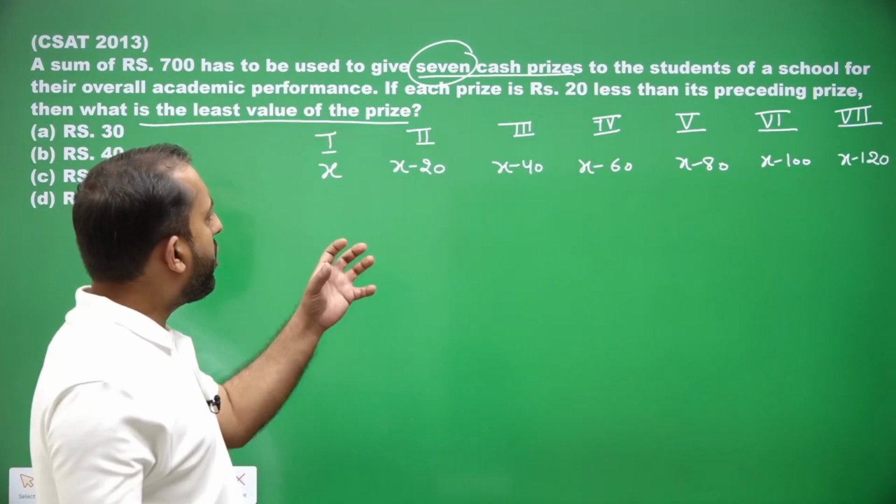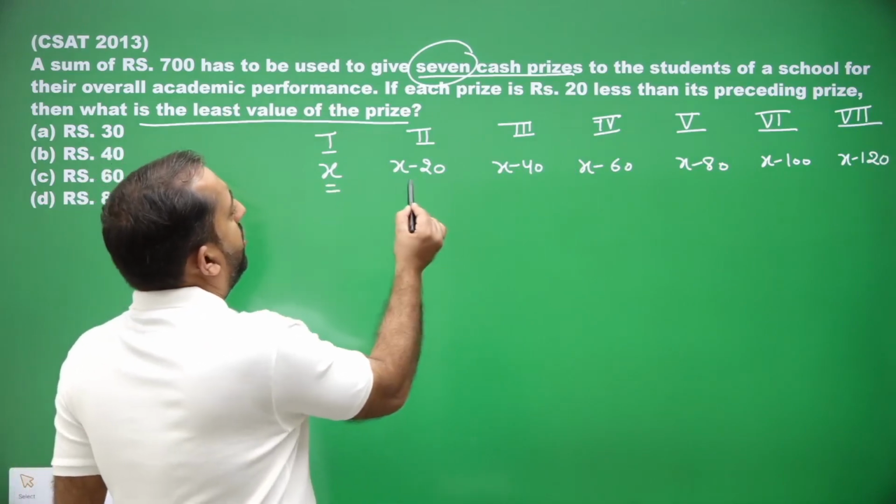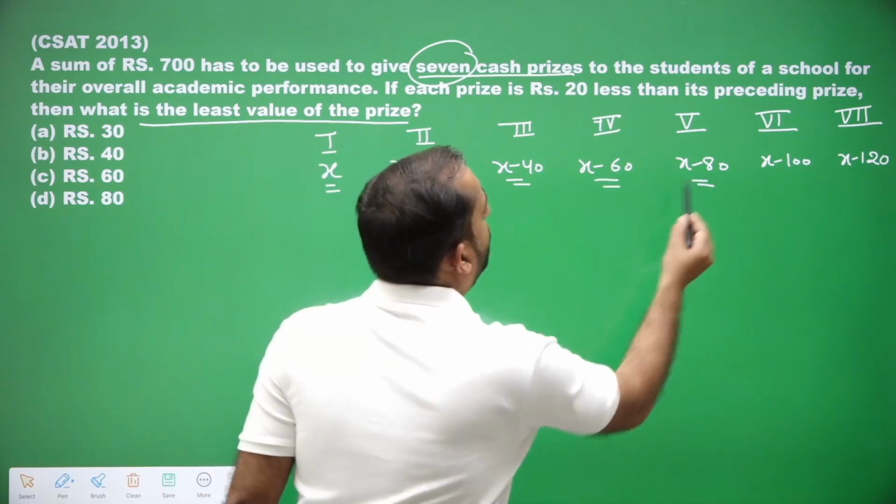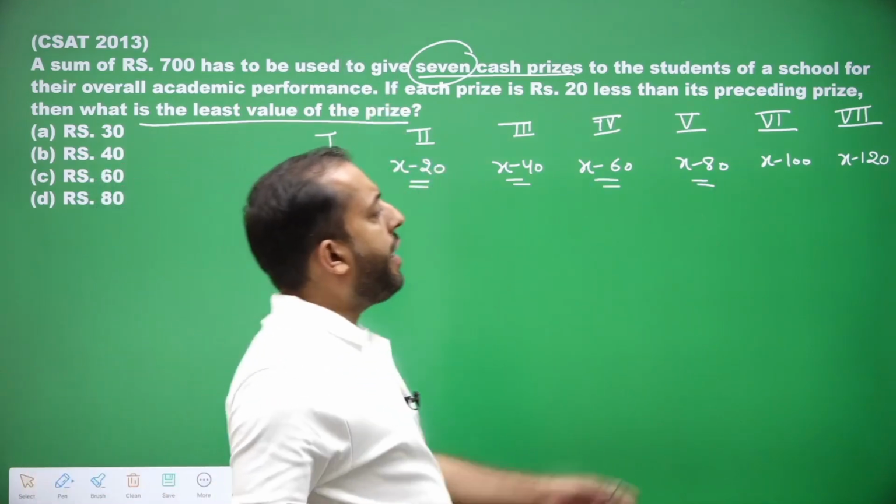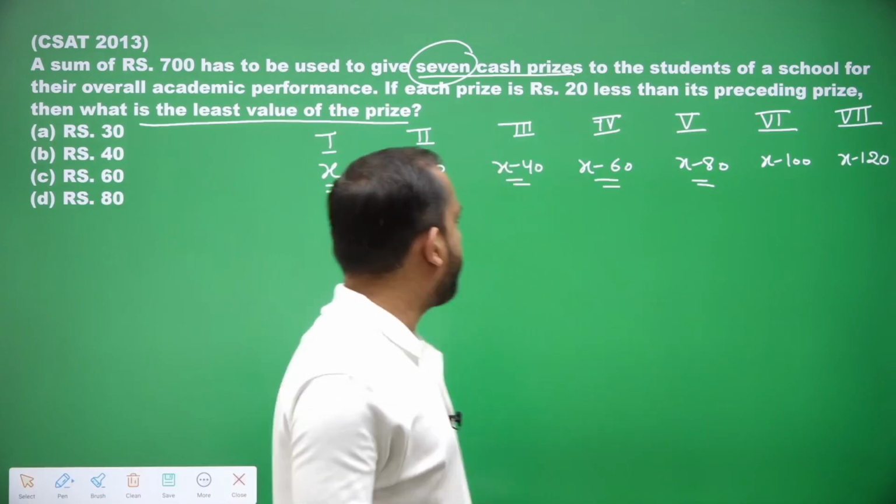So these are the prizes where X is the highest prize and X minus 120 is the lowest prize.